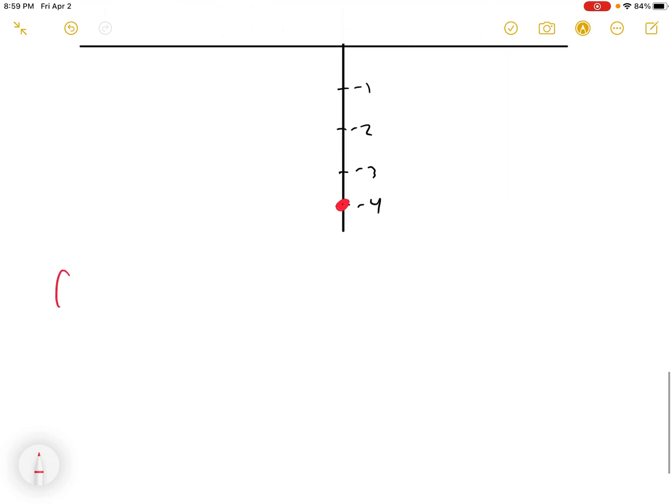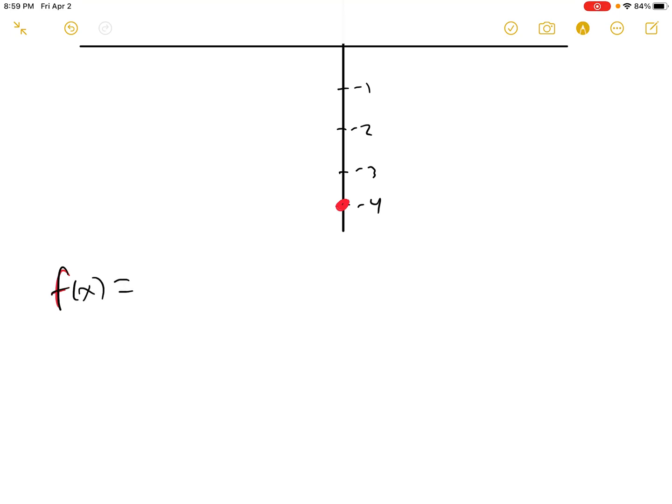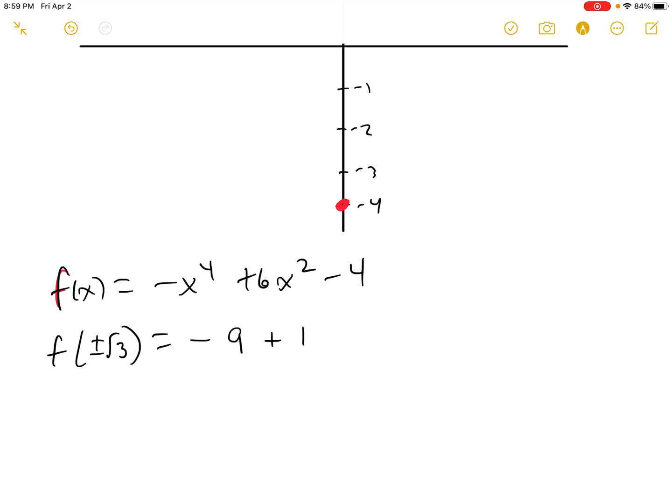So f of x is minus x to the 4th plus 6x squared minus 4. Okay, so f of both plus and minus root 3 are going to be minus, so root 3 squared to 9 plus 18 minus 4, which is 5.